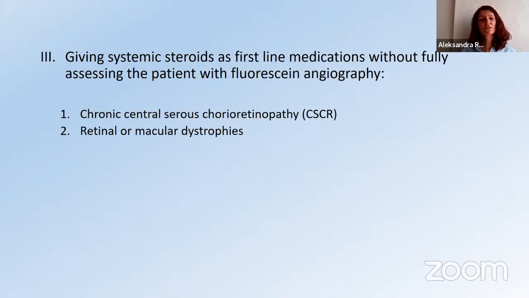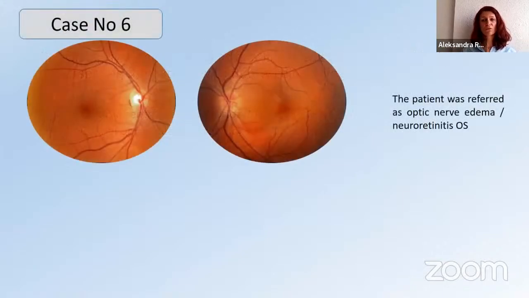Then the next fault is giving systemic steroids as first-line medications without fully assessing the patient with fluorescein angiography and other scans, because you can miss, of course, chronic central serous chorioretinopathy and retinal macular dystrophies, which are main differentials. So this was a patient who was referred to us with optic nerve edema. As you can see in the left eye, the optic nerve margins are blurred, and we suspected neuroretinitis in the left eye, but there's some fluid in the retina as well.